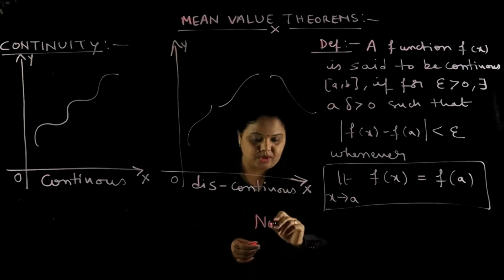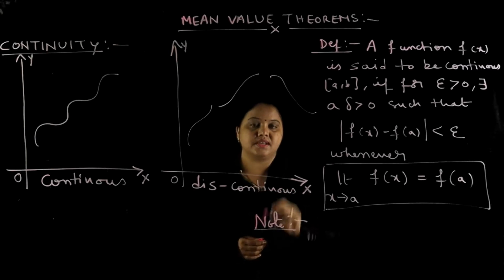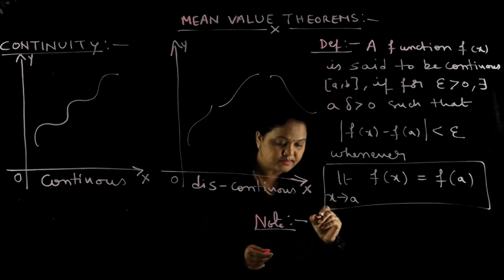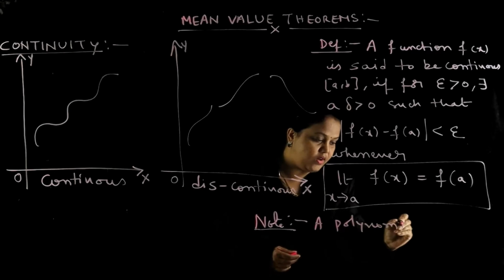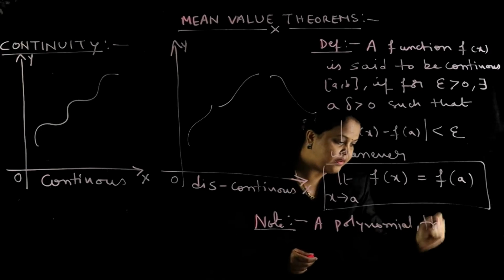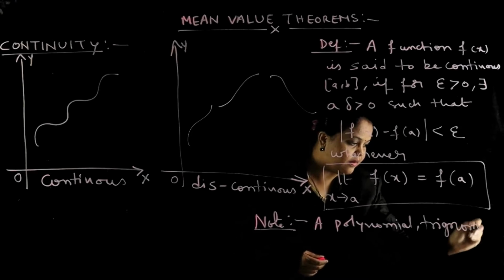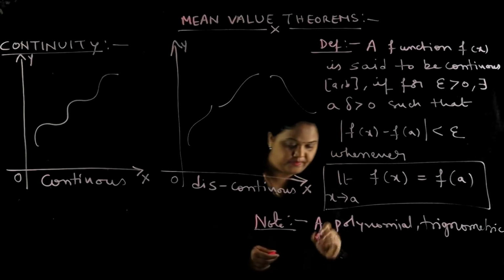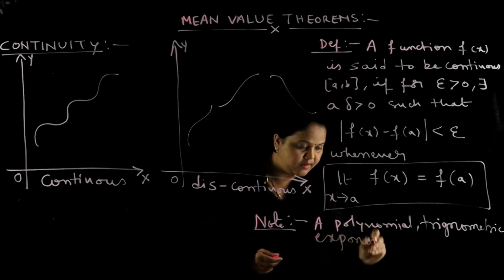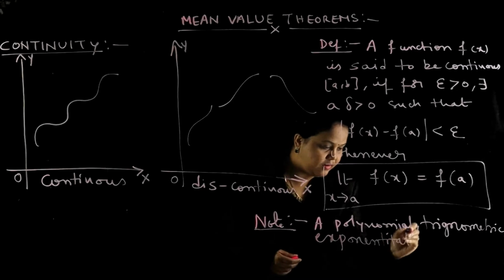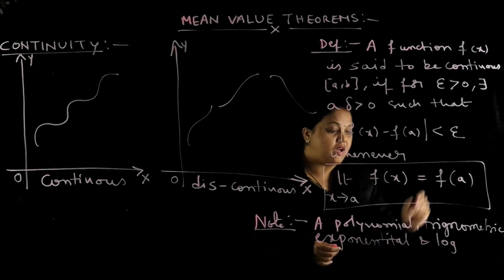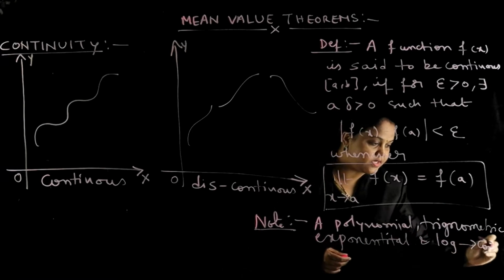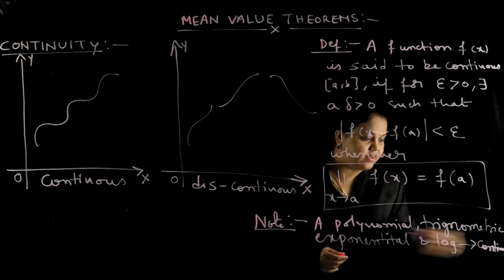I need not check for all functions, I can simply say that polynomial, trigonometric, exponential, and logarithmic functions are always continuous. So, we need not check this property, right?